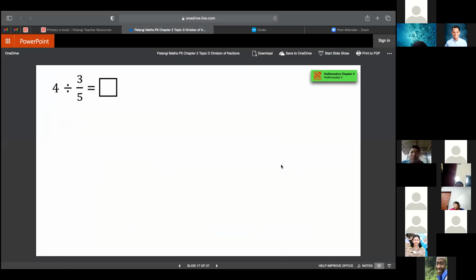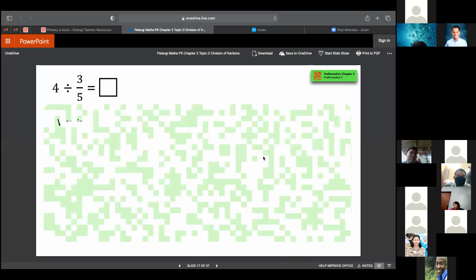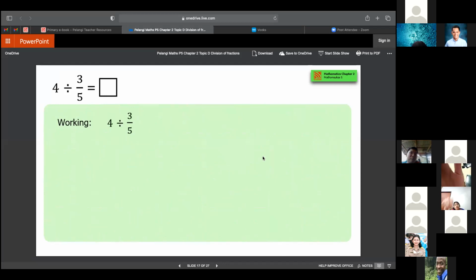Next, we have the whole number 4 divided by 3/5. For 4, you will not do anything. You just write 4/1. Then division changes to multiplication. So 4/1 times 5/3.